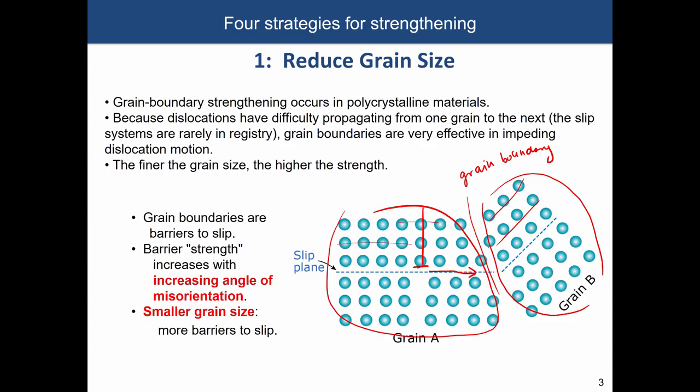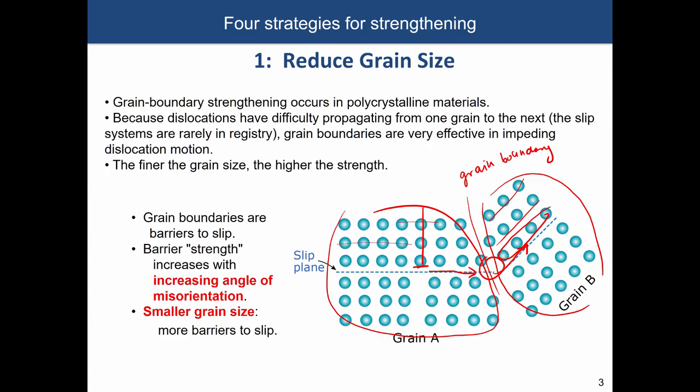And when it reaches the interface or the grain boundary between grain A and B, in order for this dislocation to propagate, it would need to change direction. So this would be the identical plane in the neighboring grain. So there is some kind of barrier for the dislocation to go from grain A to grain B. Effectively, what that means is that the dislocation will be trapped at this grain boundary.